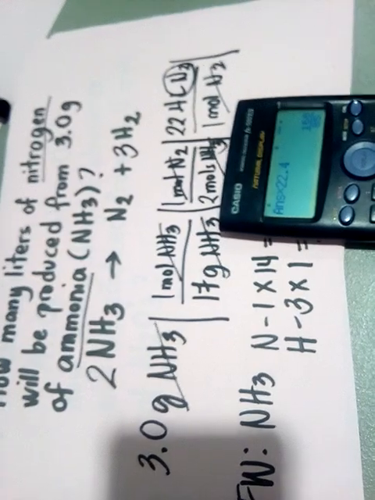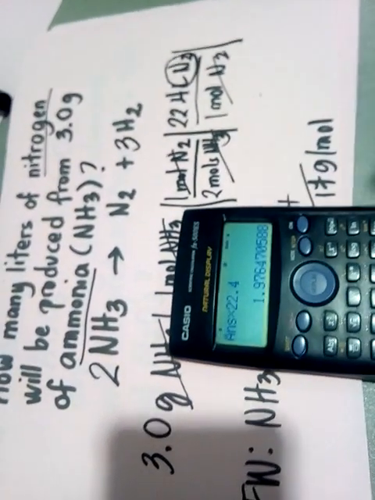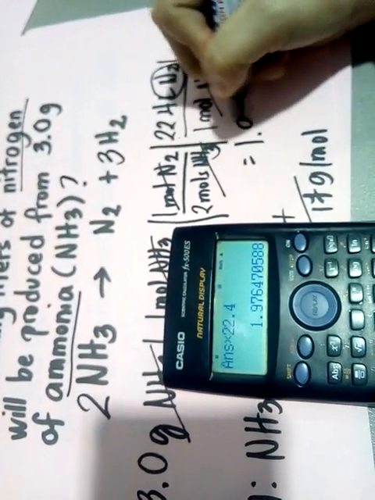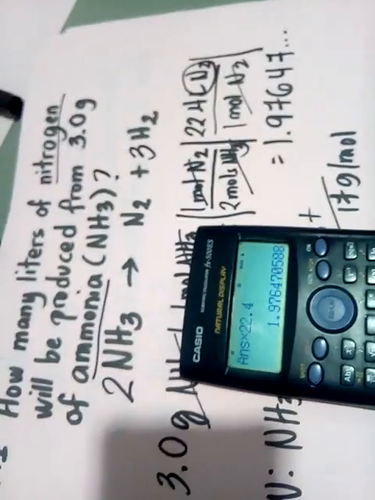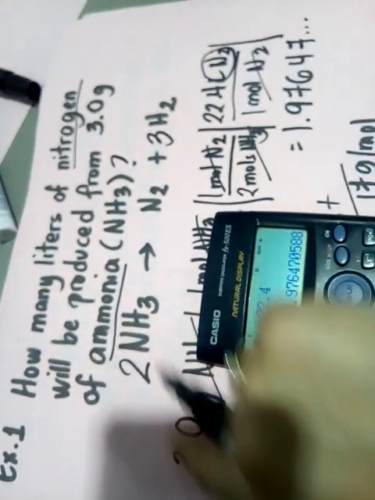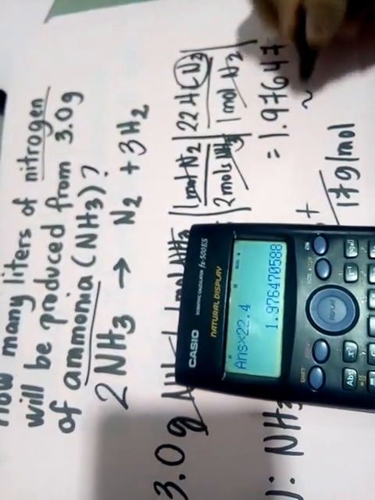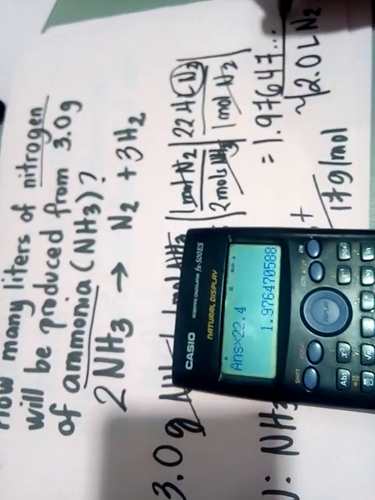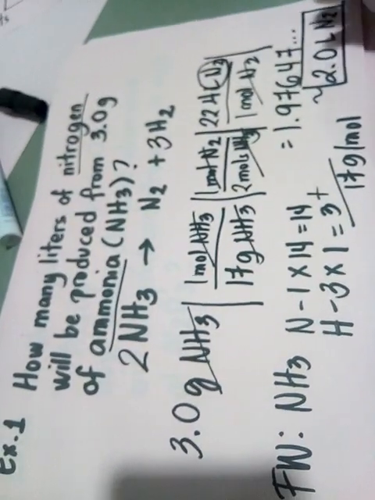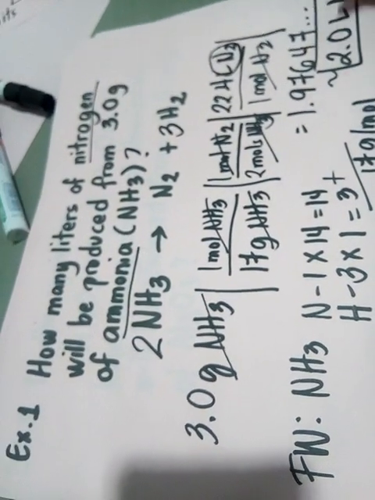So the answer is 1.97647 and so on. But you have to express it in the correct significant figures because our given is in 2 SF. So the answer is 2.0 liters of N2. This is our final answer. So 3.0 grams of ammonia will produce 2.0 liters of nitrogen.